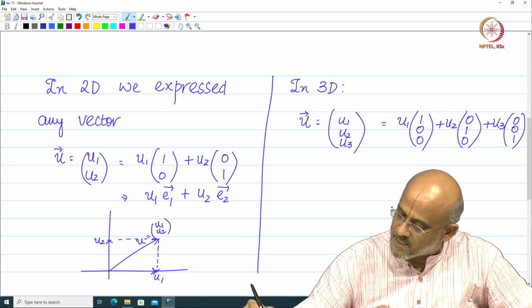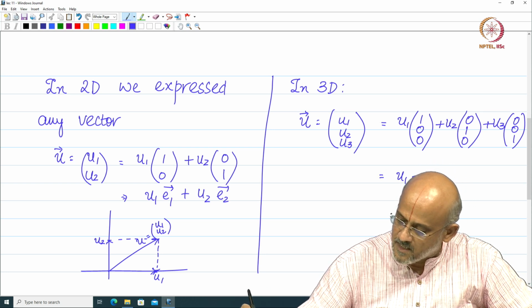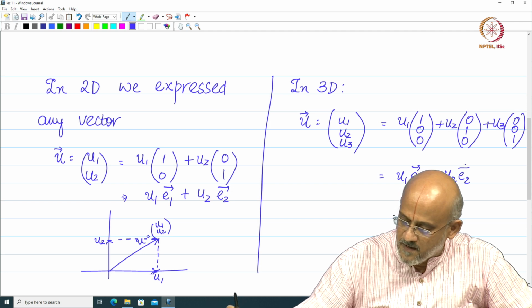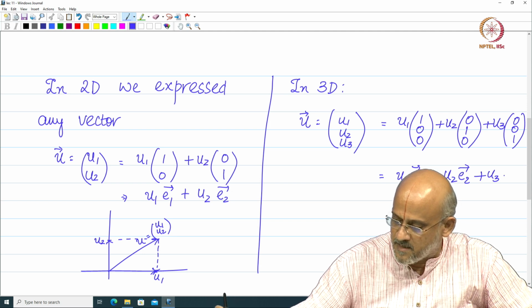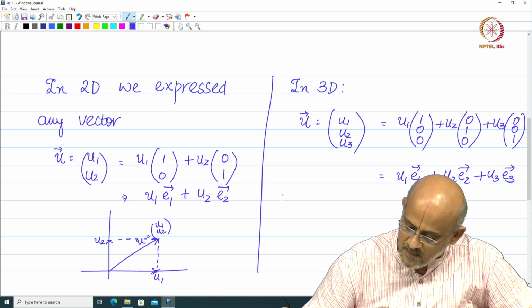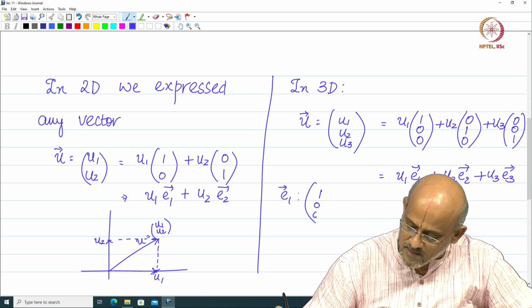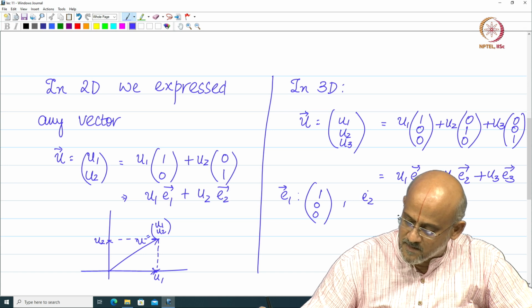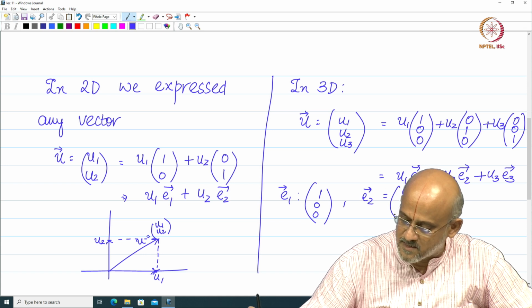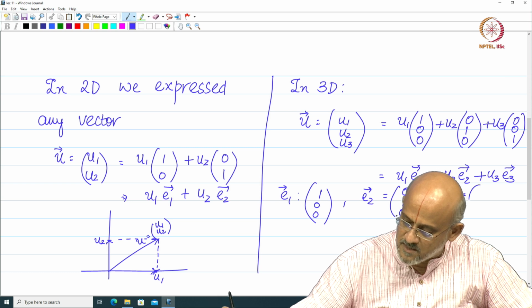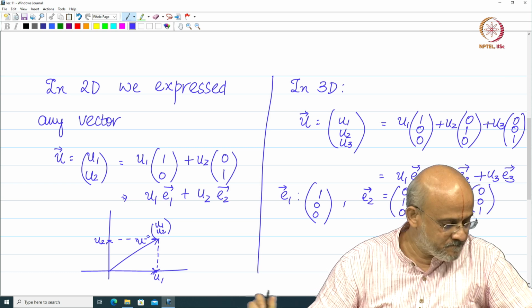So here again we have u1 e1 plus u2 e2 plus u3 e3, where the e1 vector in this case is the 3 component vector 1 0 0, e2 is the vector 0 1 0, and e3 is the third vector, which is 0 0 1.